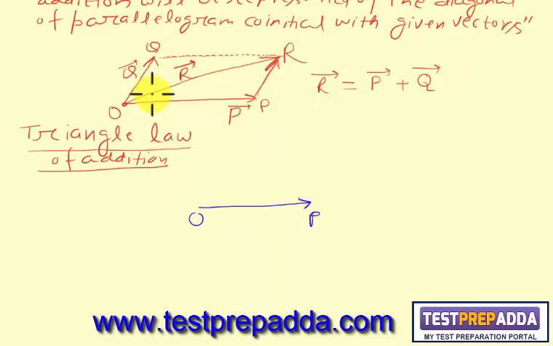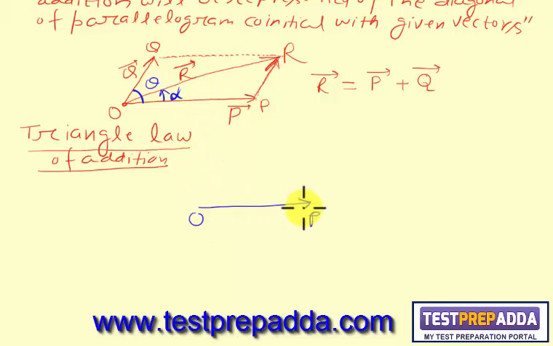Let us say the angle between the initial given vectors is theta, and the angle of the resultant with the first vector P, or better I say OP, is alpha. So here we will try to find alpha in terms of theta, and we will try to find the magnitude of the resultant vector in terms of P and Q.